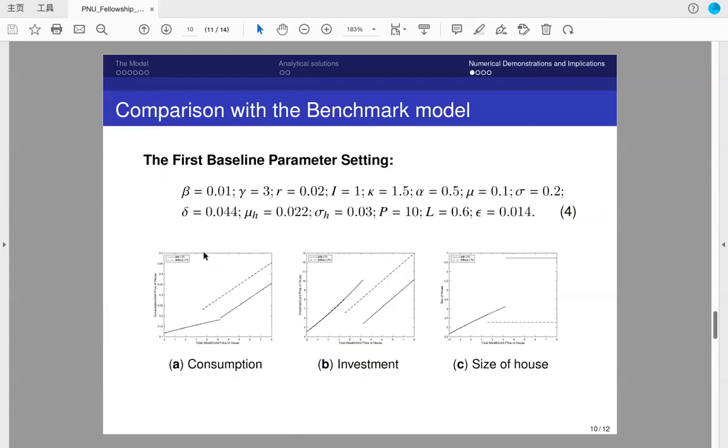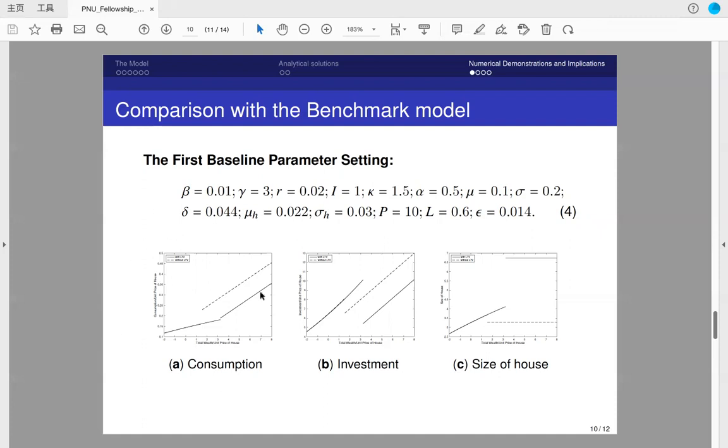These are closed-form solutions to the above problem. We also did numerical demonstrations according to the solutions based on the parameter setting. These are the comparison with the benchmark model. In the benchmark model, we don't consider a loan-to-value ratio.